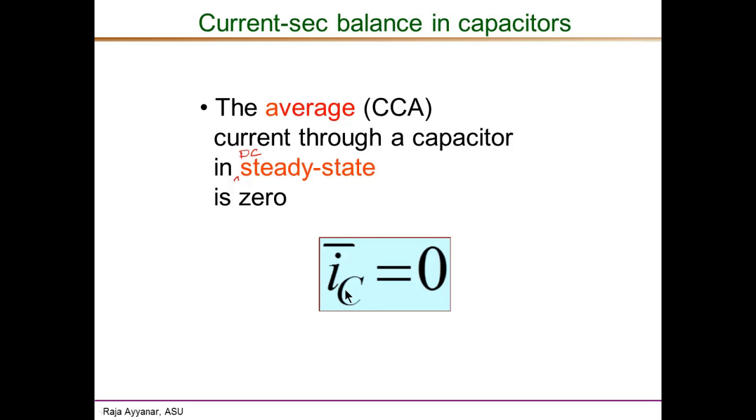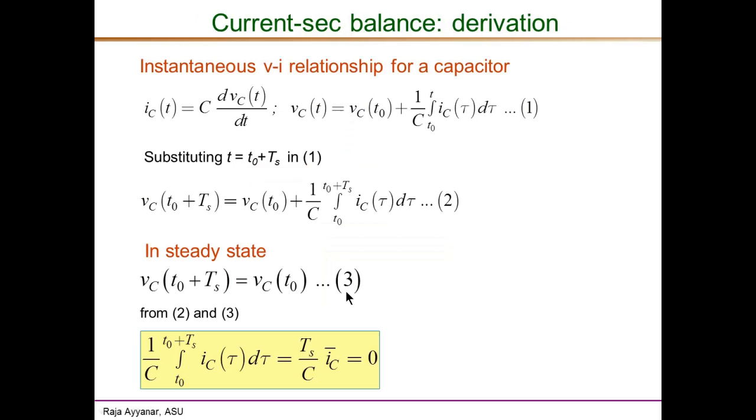The derivation of the current second balance is straightforward, as in the case of the volt second balance in inductor. As before, we start with the basic VI relationship for a capacitor, which is IC is C dV over dt instantaneously, or take its integral form. So VC at any time t is VC at arbitrary starting point t0 plus 1 over C times the integral of the capacitor current integrated from t0 to t.